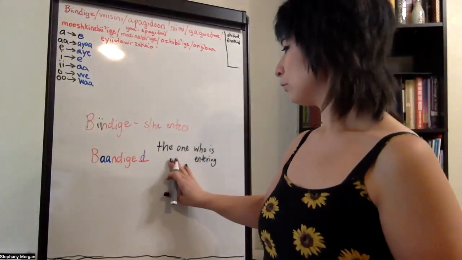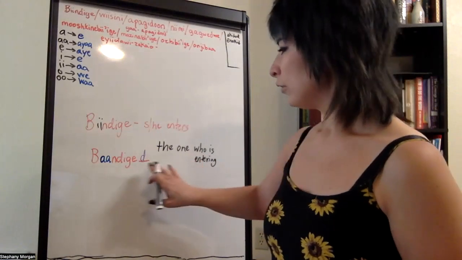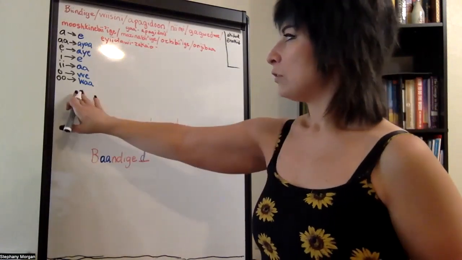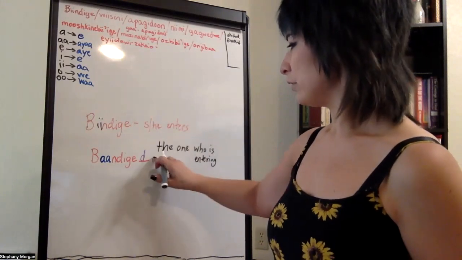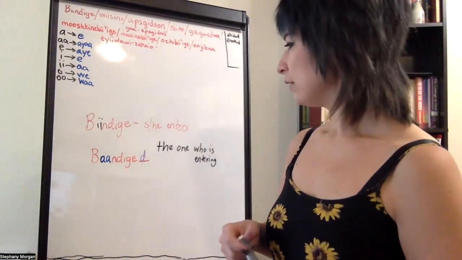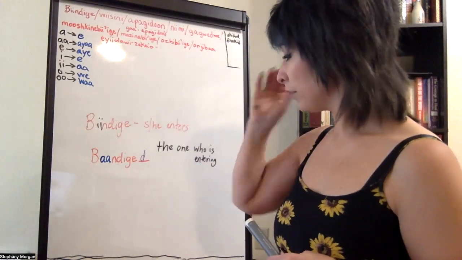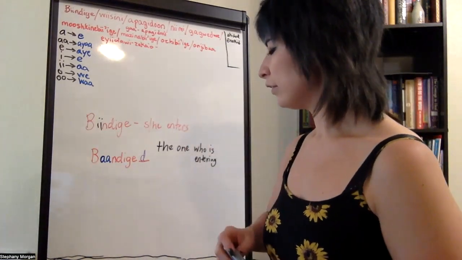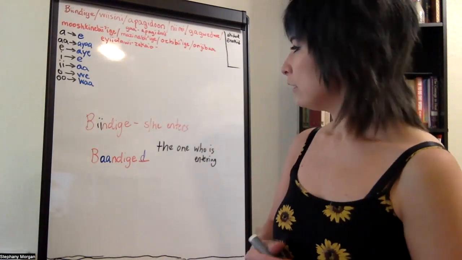Over here, when we're talking about the one who is entering, we do initial vowel change, and then we give it the B form ending. So it's still like a complete sentence. But it uses these two things together, and this is actually called C form, participle form.